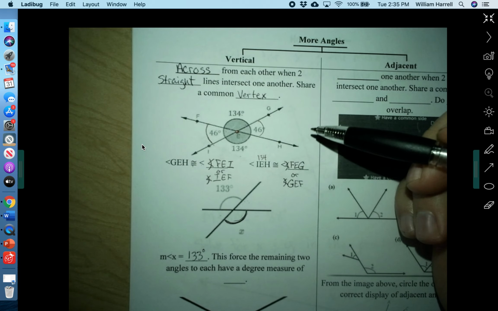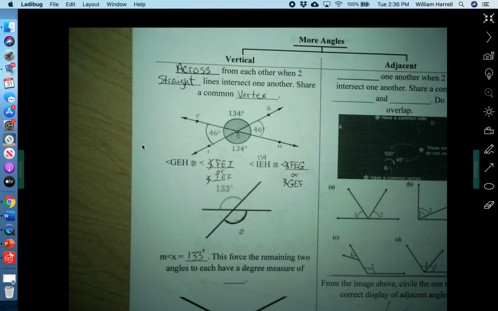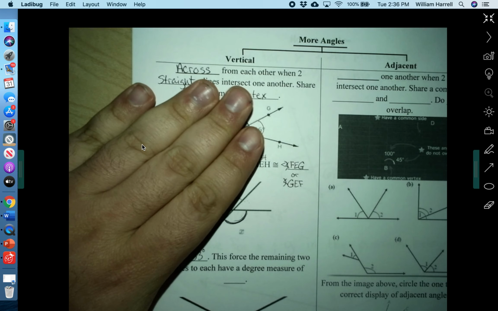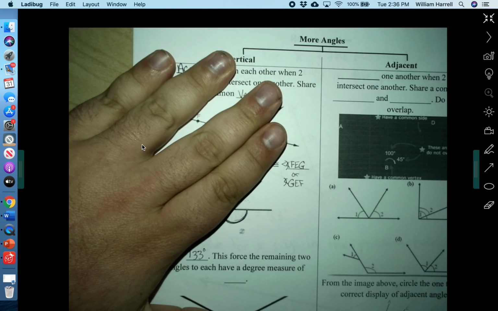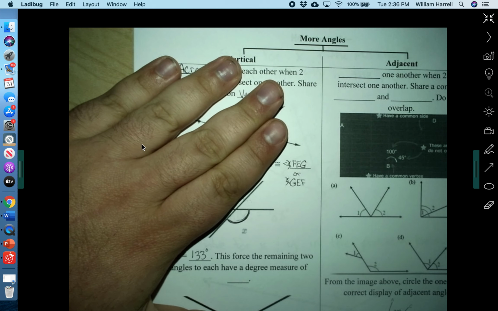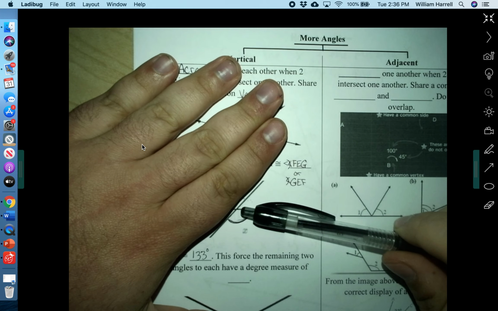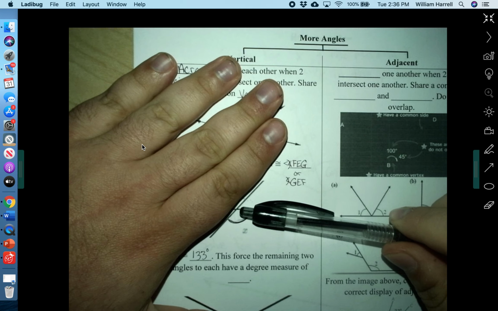I teach this a couple of different ways. I tell everybody to hide or cover up all of the extra stuff. So if I cover this up, right, this is what we were looking at yesterday, and then I cover up their common ray, I'm left with a straight line.